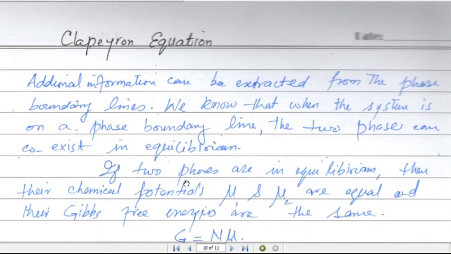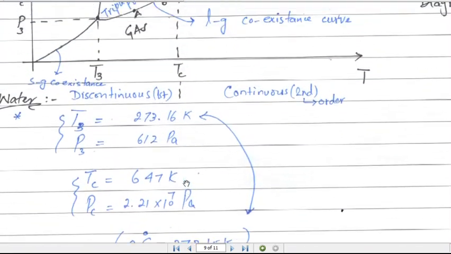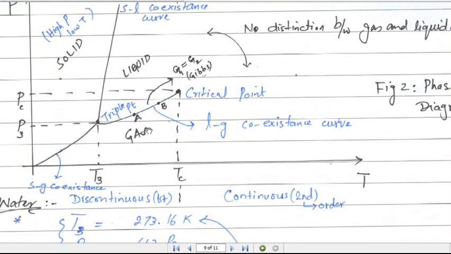So as I mentioned here, this liquid and gas coexistence at this liquid gas curve can give you different information about the thermodynamic system, and similarly this can also give you different information about the thermodynamic system.